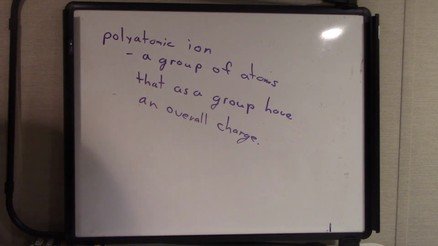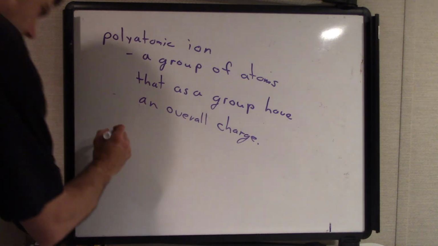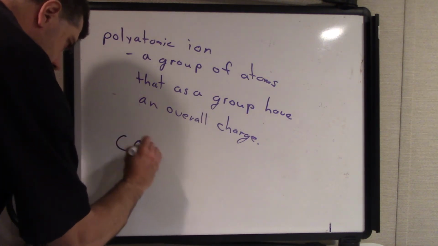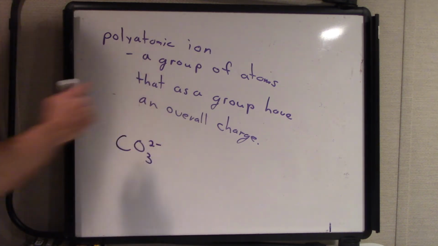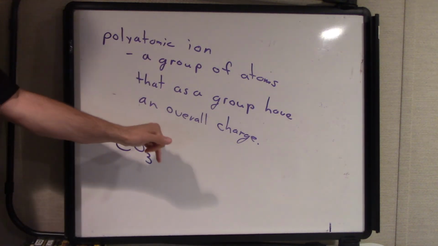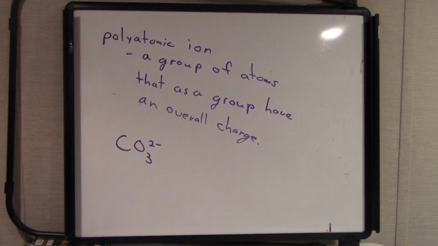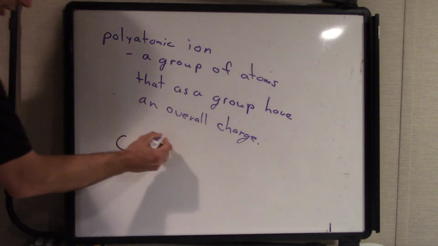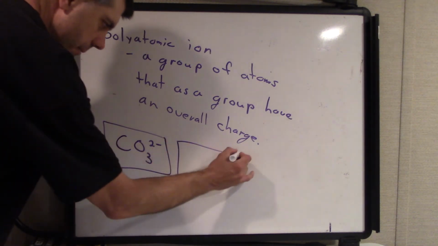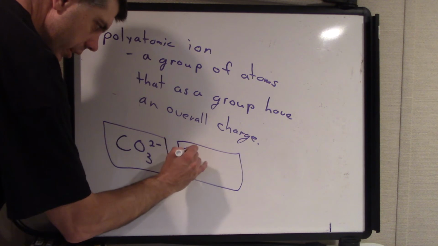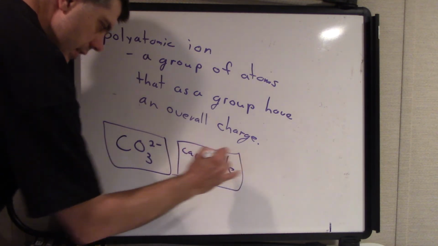Best way to memorize them, flashcards. If I take one of them as an example, on one side of the flashcard you might have the formula, CO3 2-. This 2- belongs to that whole collection of atoms. So this would be one side of your flashcard, the CO3 2-, and then on the other side of your flashcard would be the name.